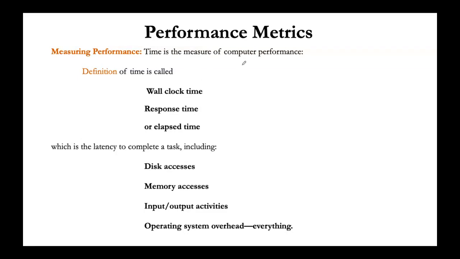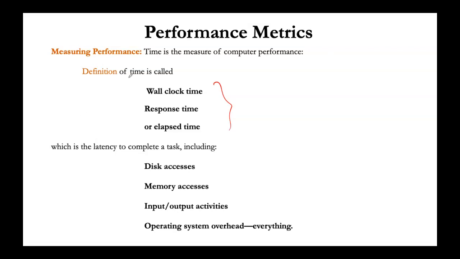Or we can say that a program that is executing or has been executed has some of the following components you can see here. What are those? One is wall clock time, or CPU time, or input output time, or other times like response time or your elapsed time. So what are these times?